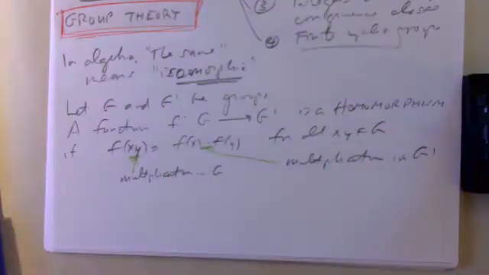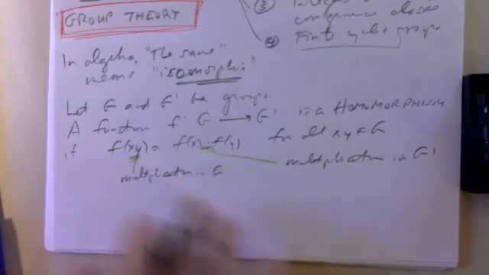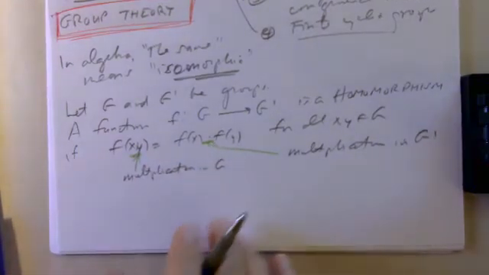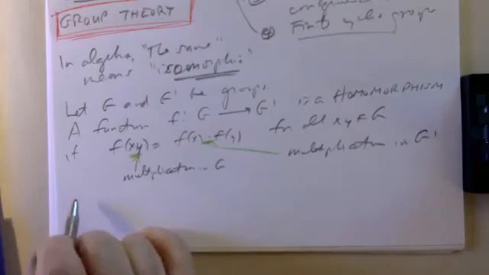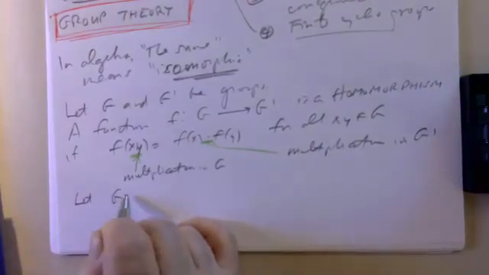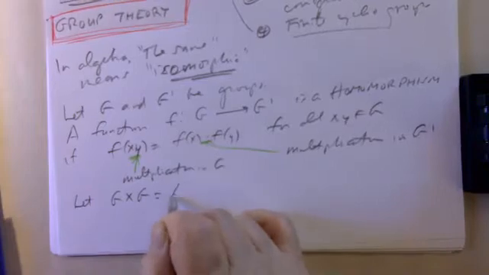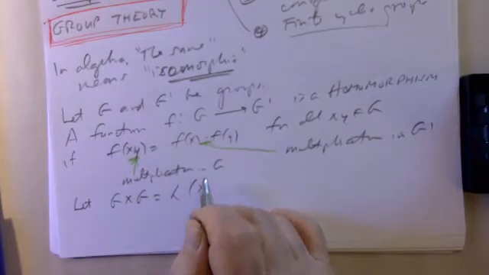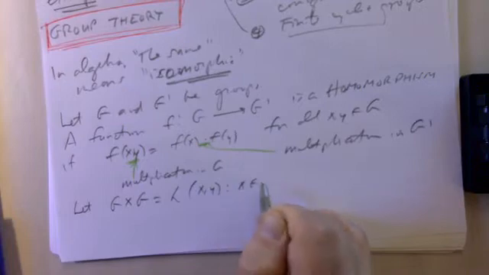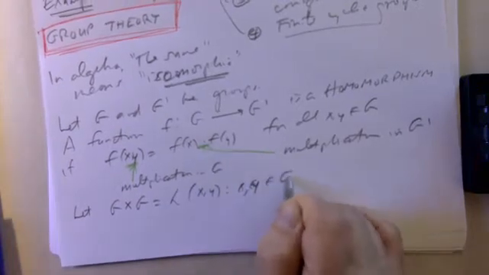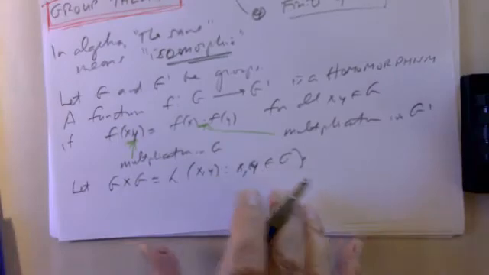And there's actually a kind of a nice picture of this. It's a diagram. So suppose we let G cross G. This just means the set of all ordered pairs x, y, where x and y are both in G. So we have the following picture.